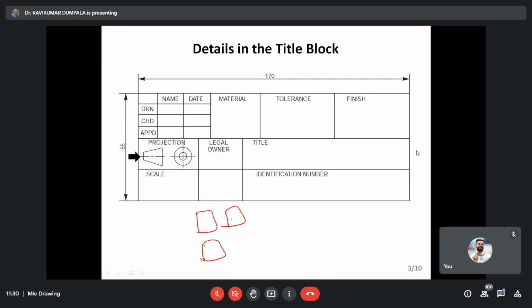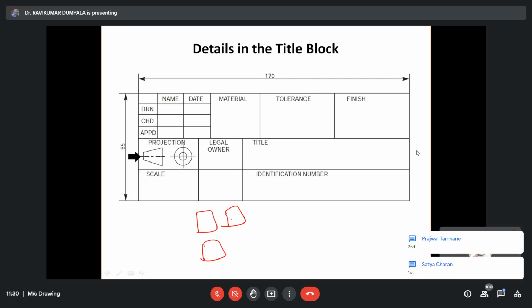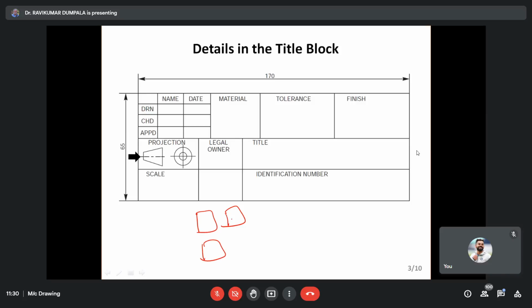First angle, sir. How are you telling it is first angle projection? Sir, in first angle projection, we make the diagrams on either side of the front view, and it is above the sectional line. Okay.